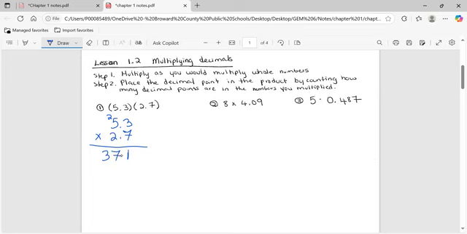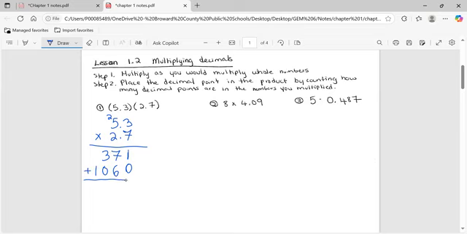I'm not going to worry about that decimal point. When I'm moving on to the quote-unquote tens position, I'm going to add a 0. Like I said, we're thinking of the decimal points as not even there. 2 times 3 would give me 6, and then 2 times 5 is going to give me 10.